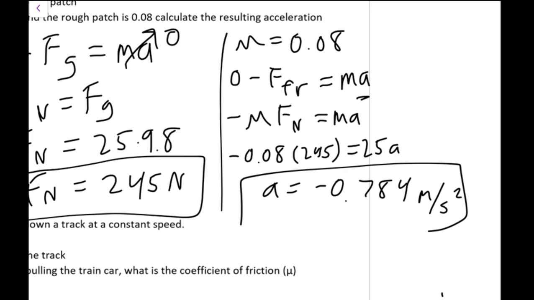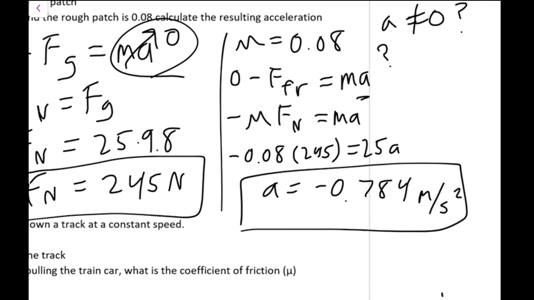And so you might be asking, well, why was a not 0 here? Well, because it was equal to 0 over here, so why didn't we just do the same thing and set it to 0 over here? Well, it's because we're working in the x direction.